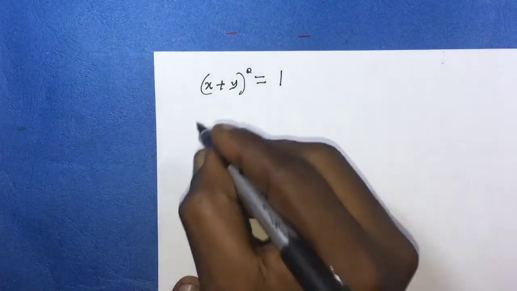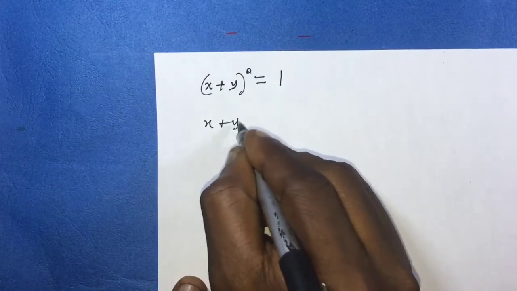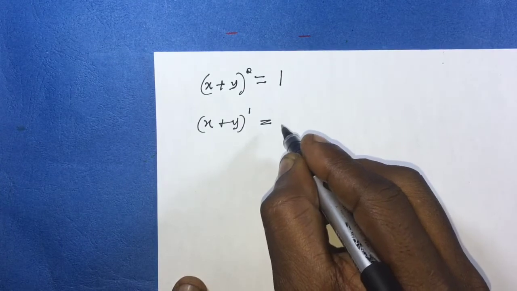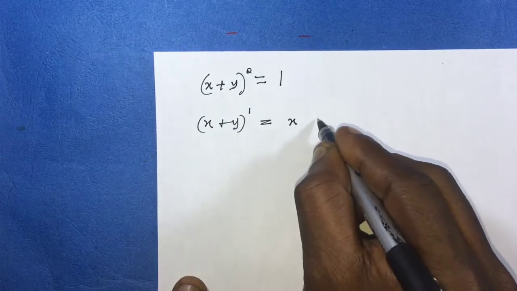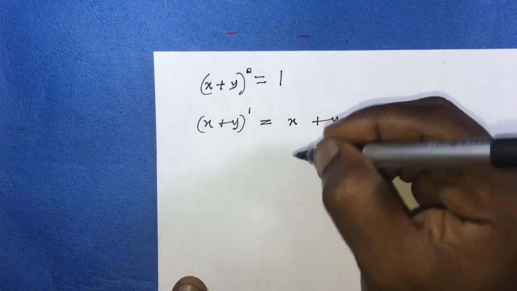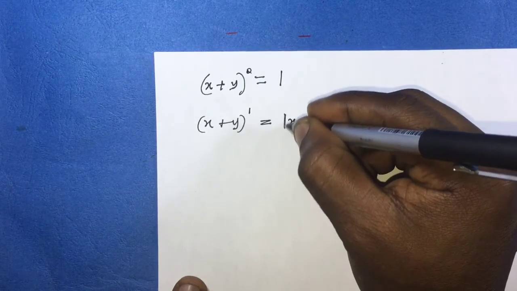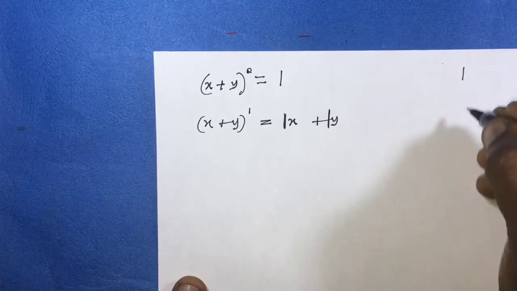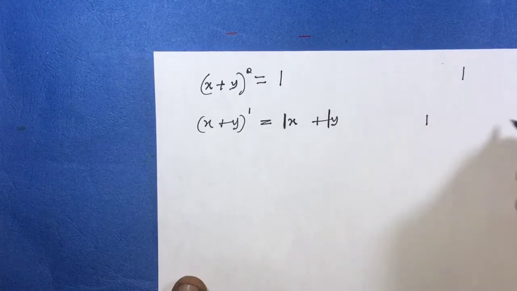Now, x plus y all raised to power 1. Remember, from indices, anything raised to power 1 will give you that thing. So it brings x plus y. Now, what is the coefficient of x? It is 1. What is the coefficient of y? It is 1. And you can clearly see that gives 1, 1.